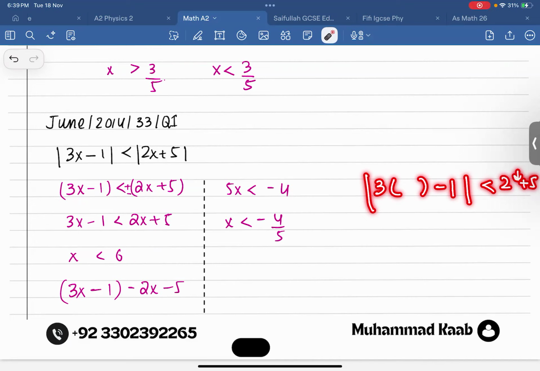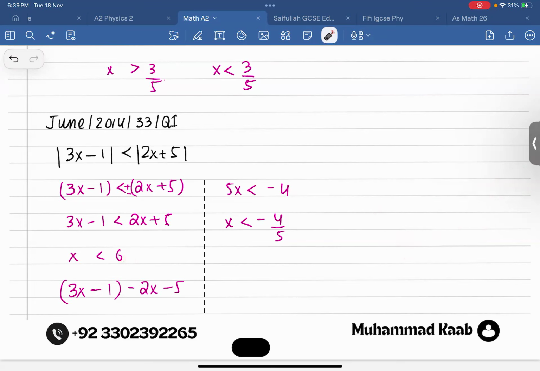So in place of x, the first value is 6. Okay, so I can put 5 here. So 3 5s are 15 minus 1 is 14. 14 is less than 5 2s are 10 plus 5, 15. Yes, 14 is less than 15. So anything smaller than 6 would be acceptable, right?